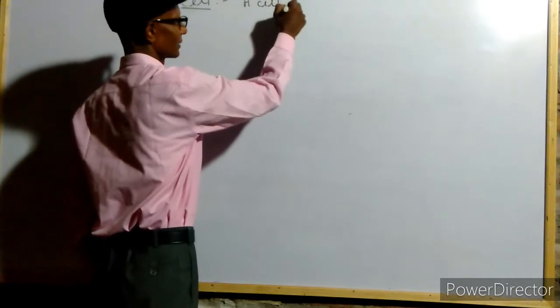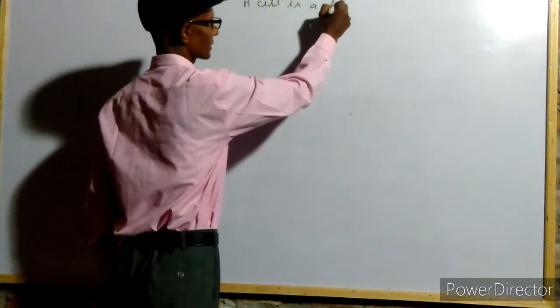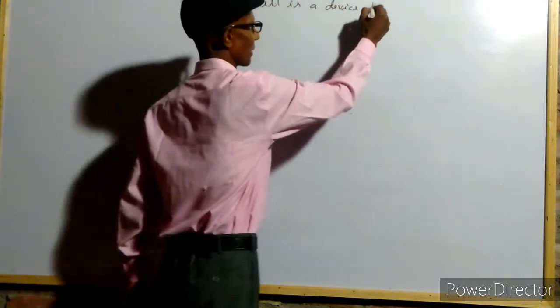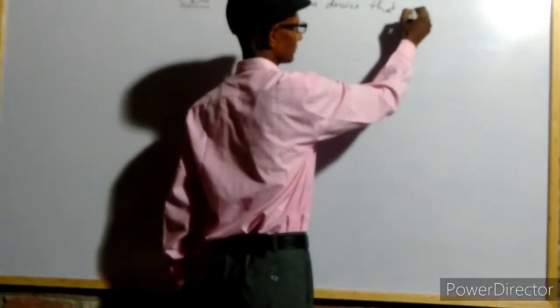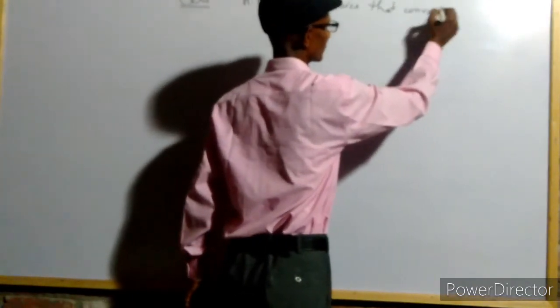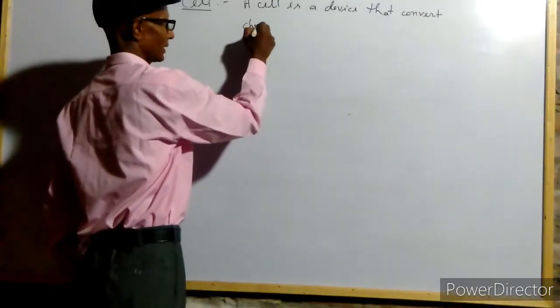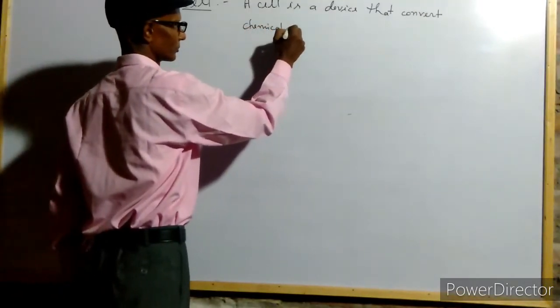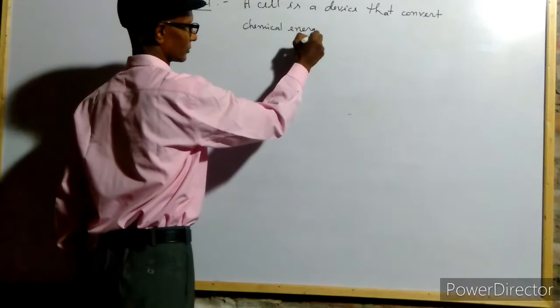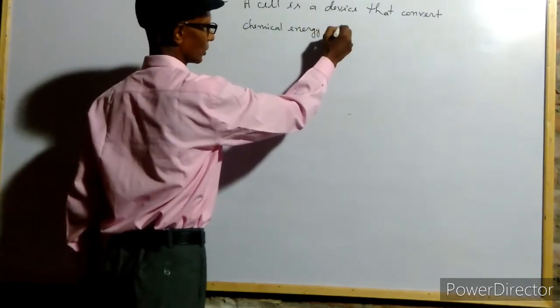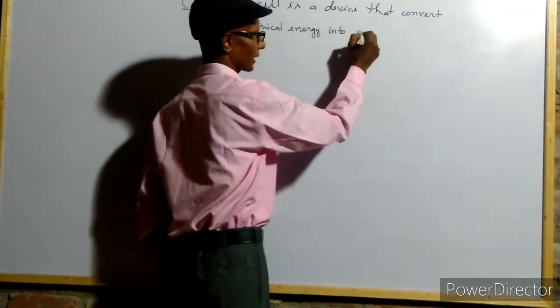A cell is a device that converts chemical energy into electrical energy.